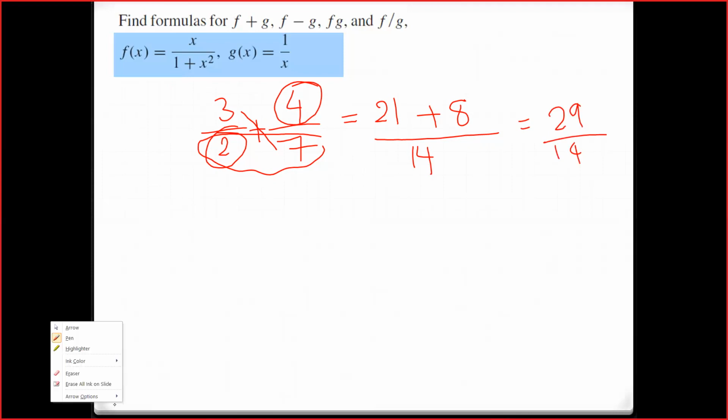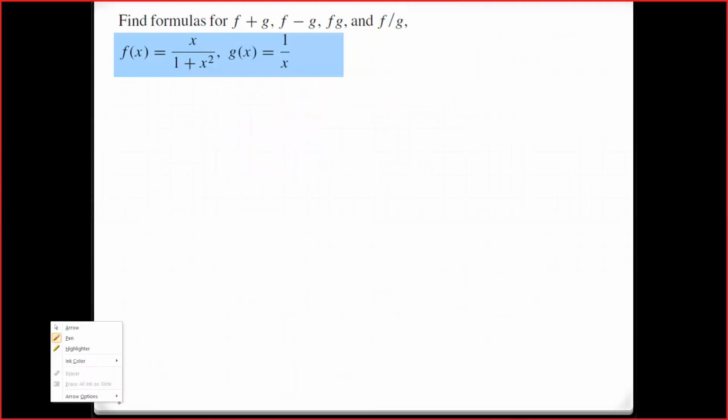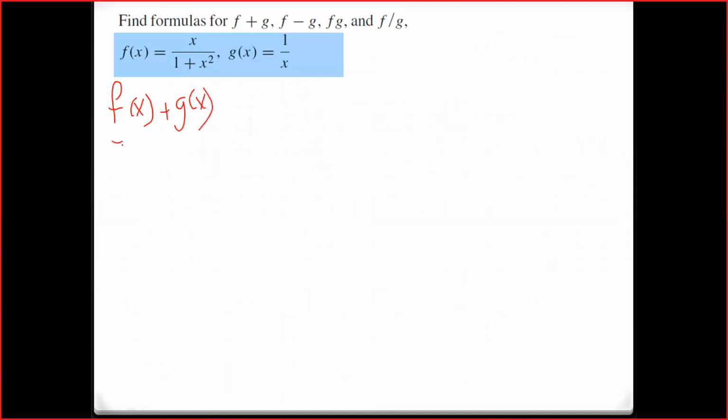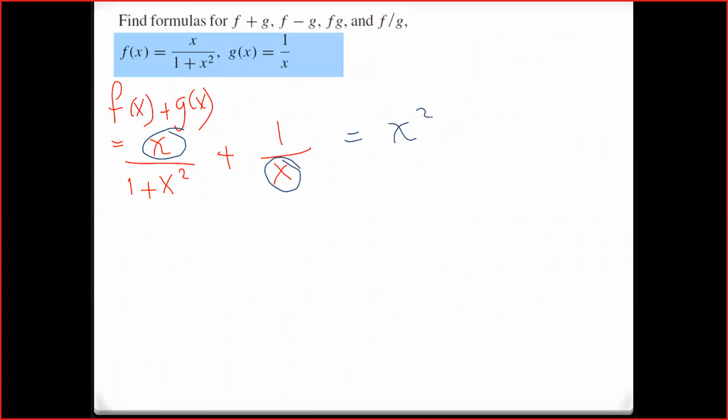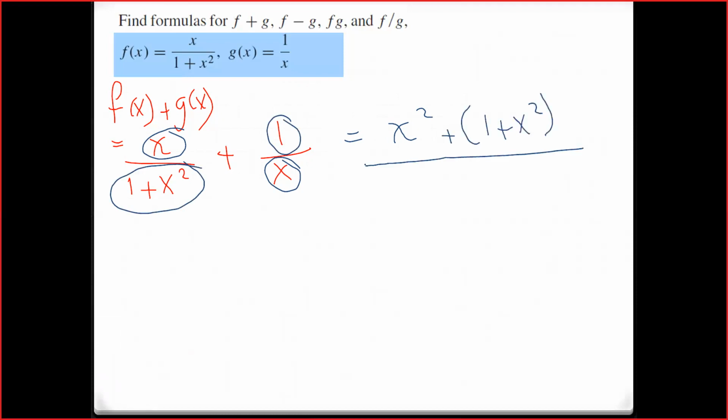What if I have now a rational expression, like x over 1 plus x squared, and I have to add it to 1 over x. Now, x times x is x squared. And 1 plus x squared multiplied by 1 is 1 plus x squared, over.